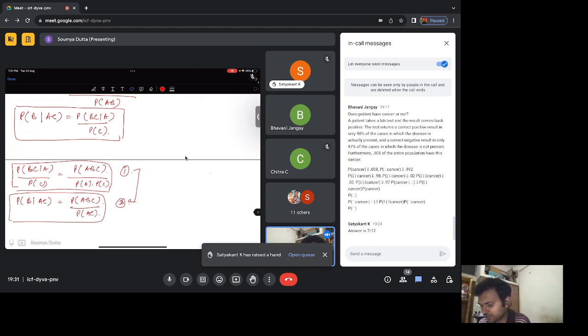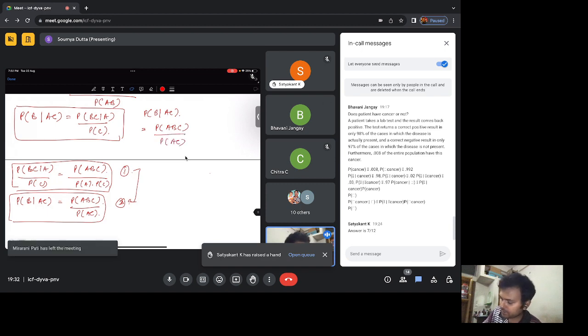Otherwise it might become very difficult, or it might not help you in such cases. For example, in this case, if A and C are independent of each other, the first thing I always go about doing is write it in the main form. Now ABC you cannot break because A and C are independent, but you can always do this.